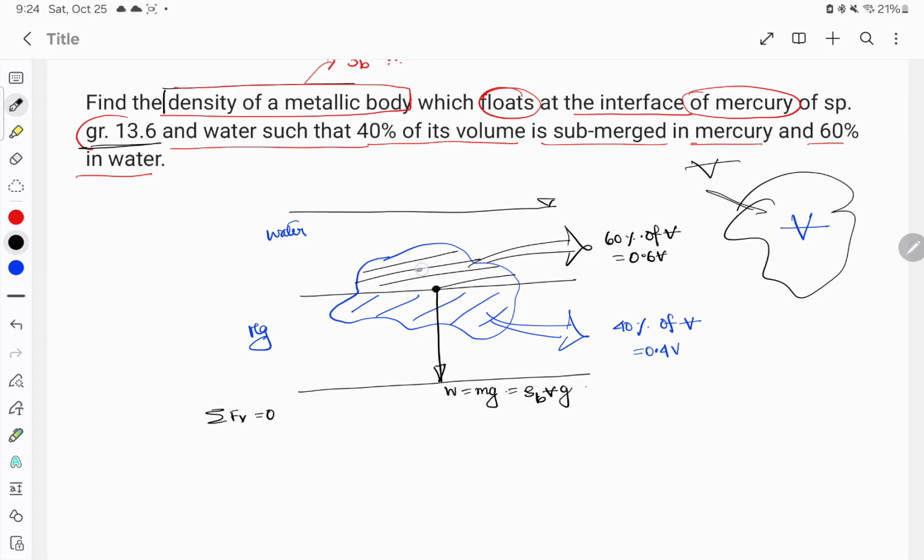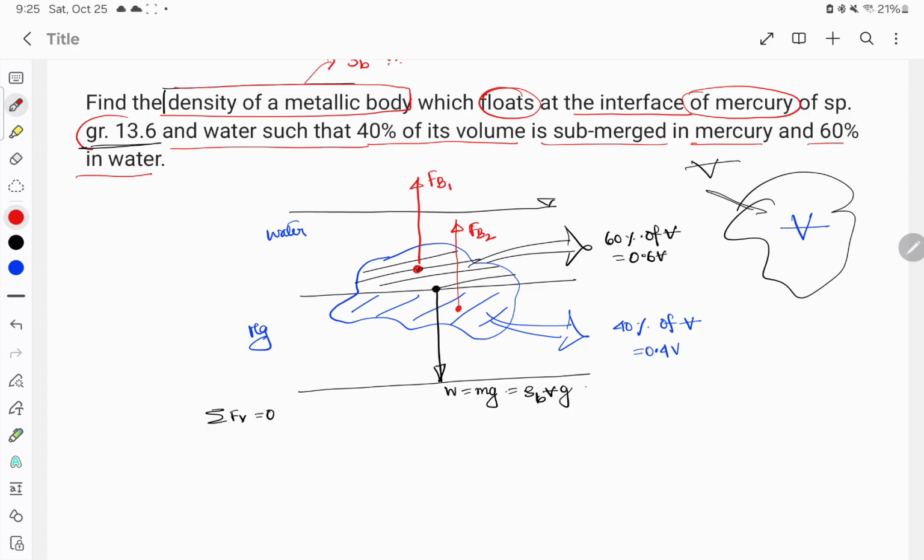And as we have recently studied, buoyancy acts at the center of buoyancy. We are now concerned only with the vertical force. So the water will be providing one buoyant force, and the mercury will be providing another buoyant force.